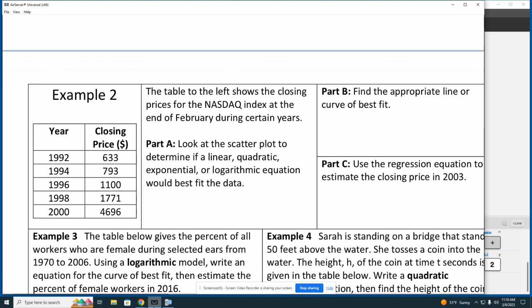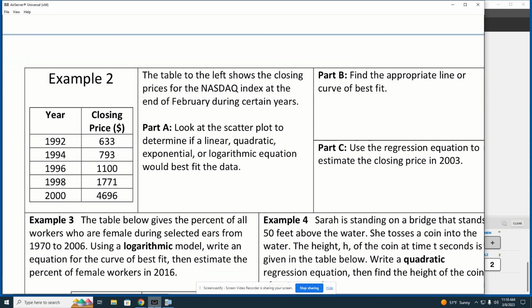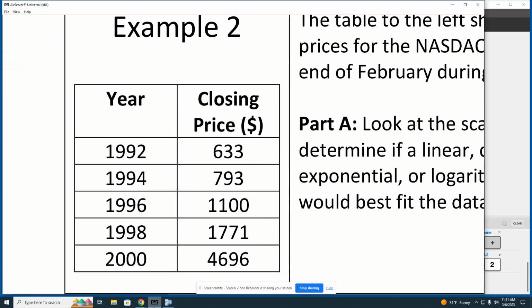Go to the back. If I have years as my x, are y'all listening? If I have years as my x and I enter those years, it skews my data pretty hard because those x values are so big and yet so close to each other. It doesn't give us a great equation. So when our years are our x value, we like to change it and do something like this.